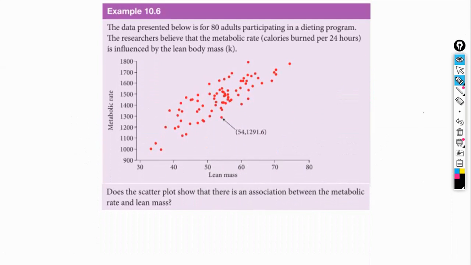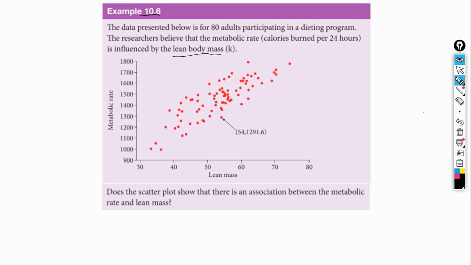So next we have example 10.6, and it says, the data presented below is for 80 adults participating in a dieting program. The researchers believe that the metabolic rate, or calories burned per 24 hours, is influenced by the lean body mass in kilograms.